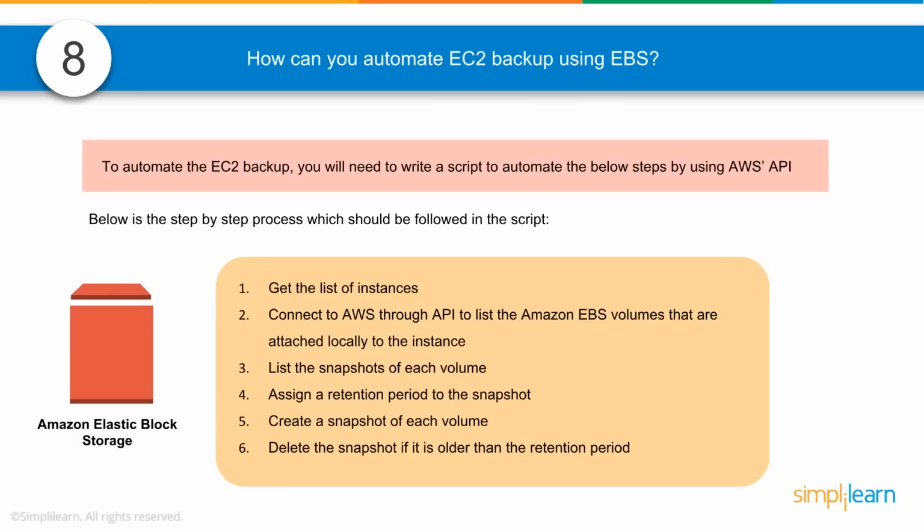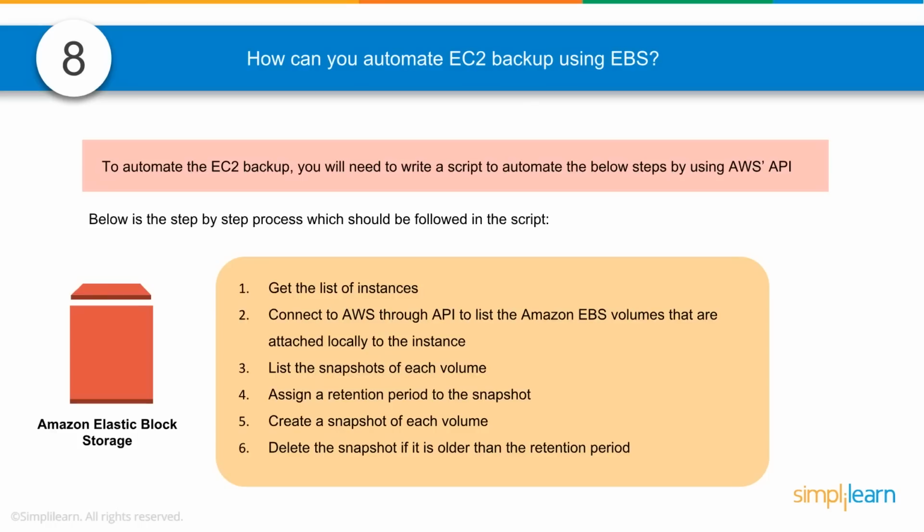And then it needs to list the snapshots of each volume, make sure the snapshots are present, and it needs to assign a retention period for the snapshot, because over time the snapshots are going to be invalid, right? Once you have the 10 latest snapshots, any snapshot that you have taken before that becomes invalid because you have captured the latest, and 10 snapshot coverage is enough for you.